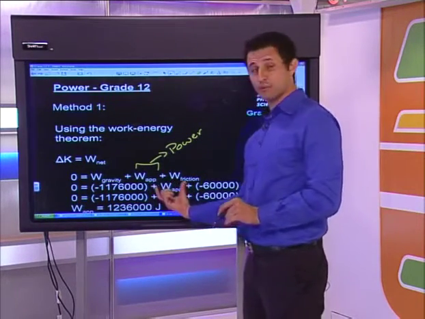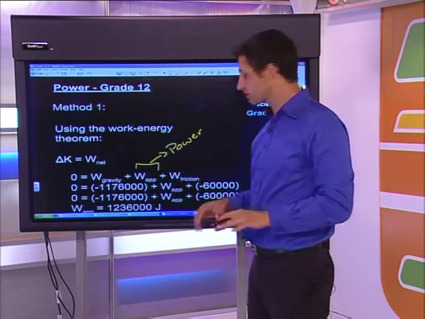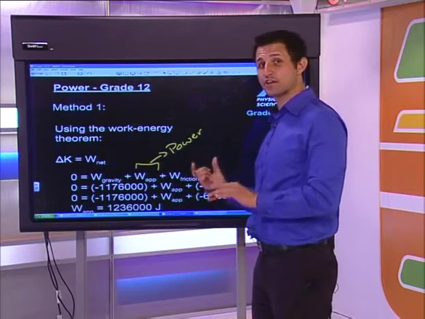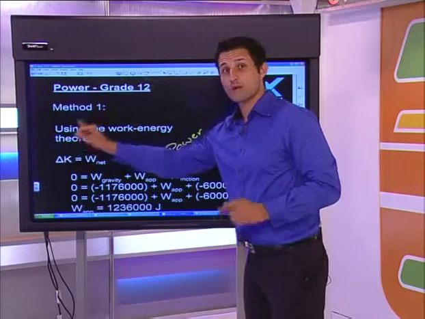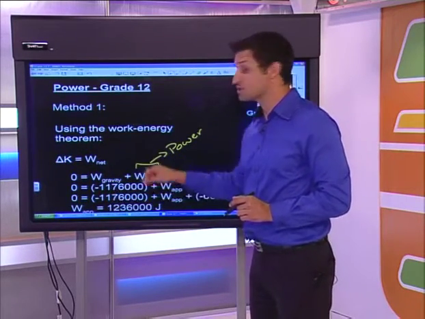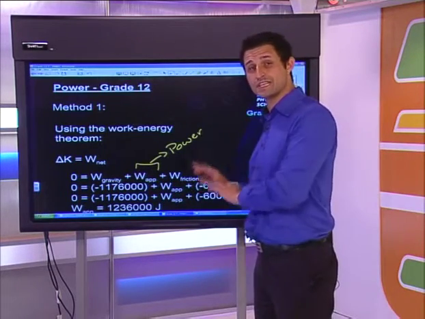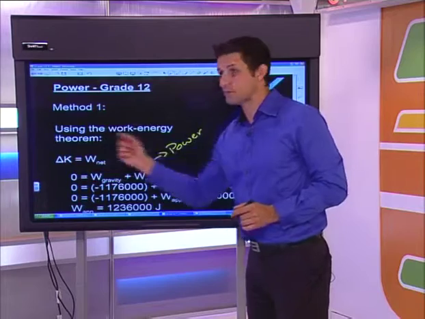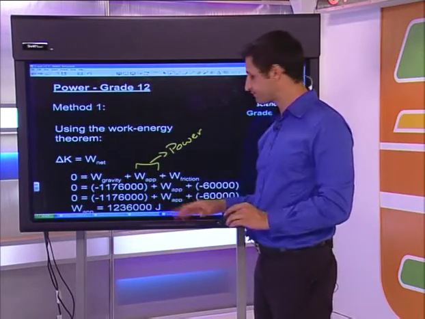My work done by the applied force, we're not entirely sure, but we think it's a positive type of work. Work on friction generally will always have a negative effect on K, my kinetic energy. So if I've got negative work being done against gravity and against friction, those are going to be negative numbers because they'll reduce the amount of K. And that's how I know to put in a negative or a positive.